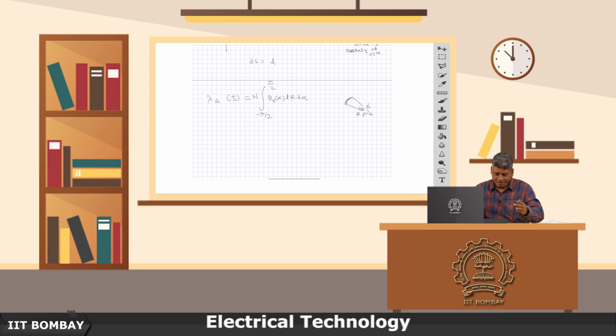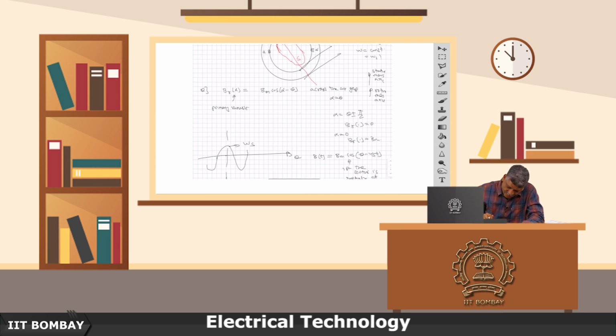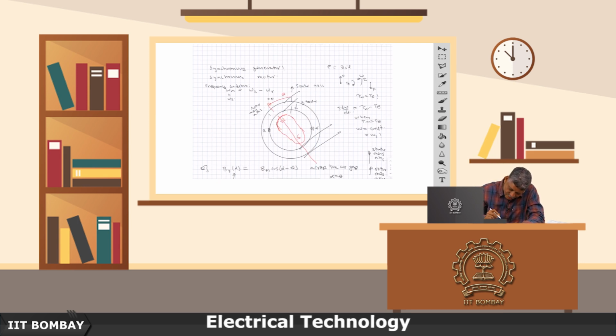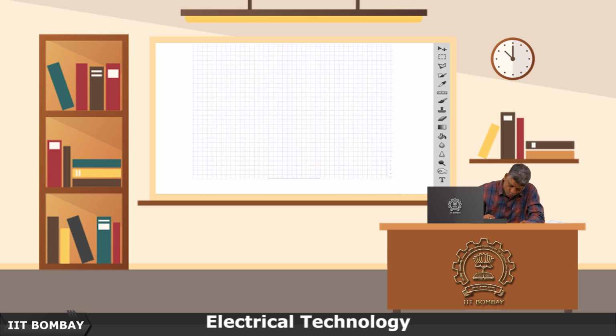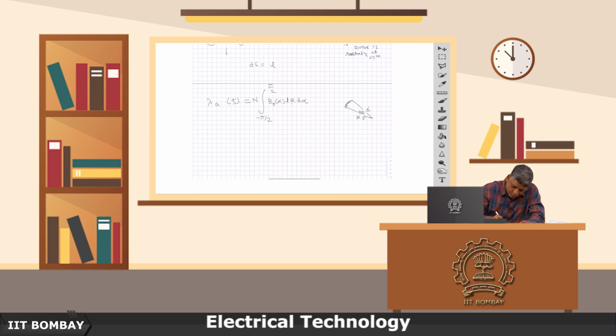That is why this point is at plus pi by 2 and this point is at minus pi by 2. Now, all A, B, C phases have the same stator number of turns, so I will just write it as this.